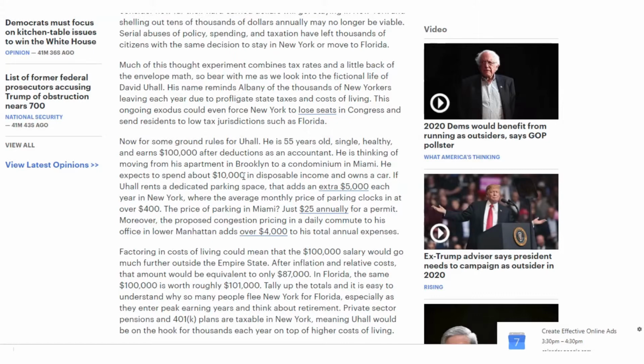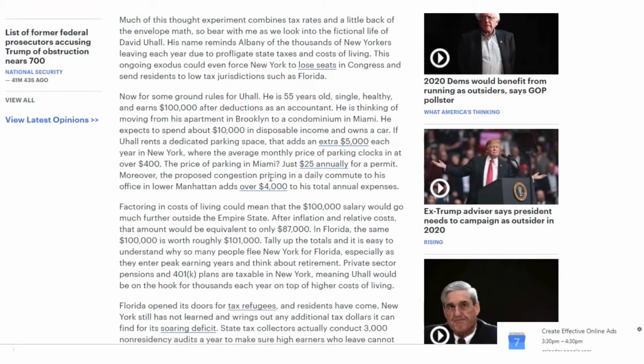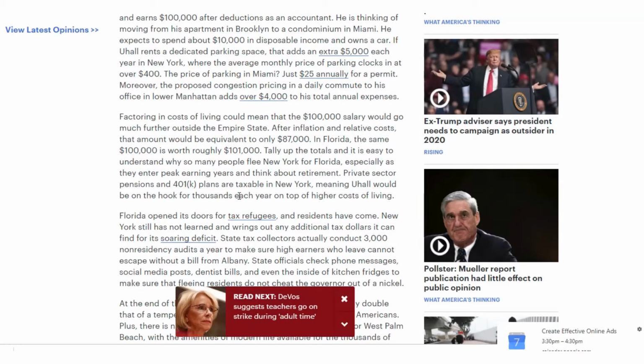I don't know exactly what she means here, but she's talking about how much more it takes to live, and if he wants to have a place to park his car in New York, it's $400 a month. If he's in Miami, it's a $25 a year permit. Okay, talking about the congestion, the daily commute in Manhattan, and how much that adds to his expenses, and things like that. Talking about how costs compare between places like Miami and New York.